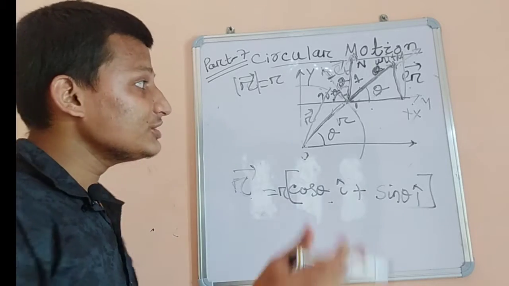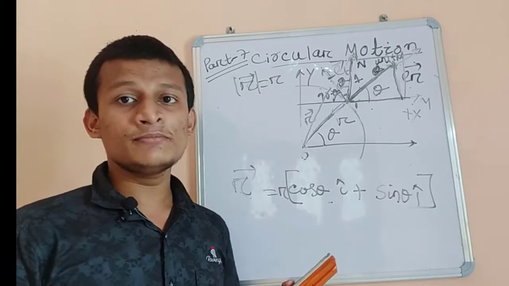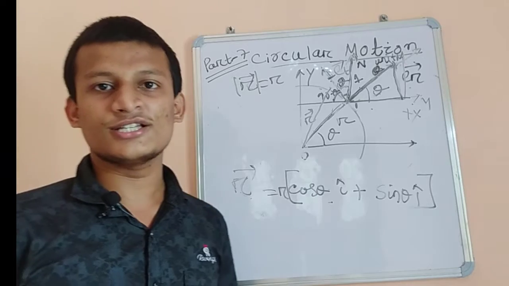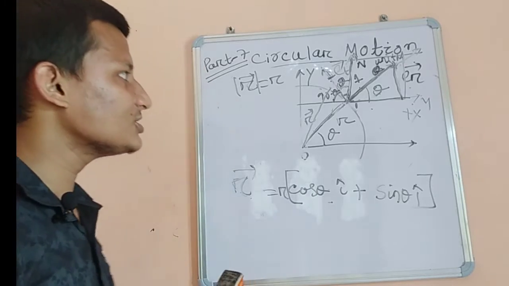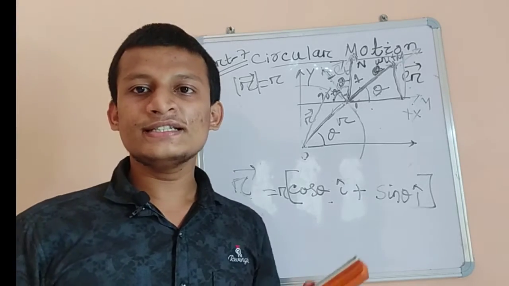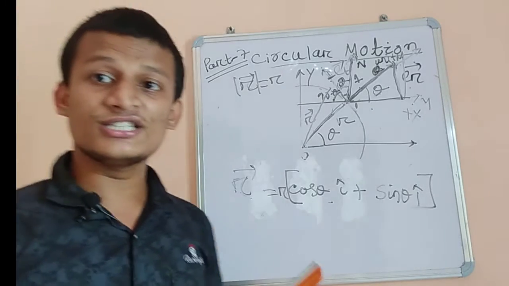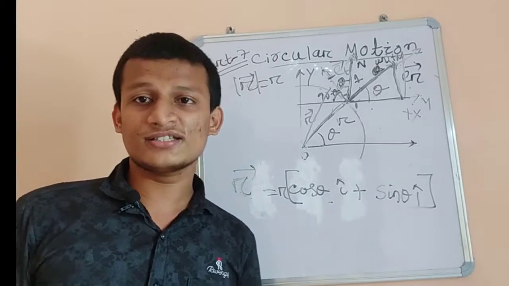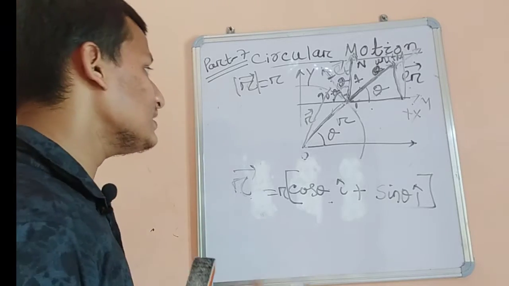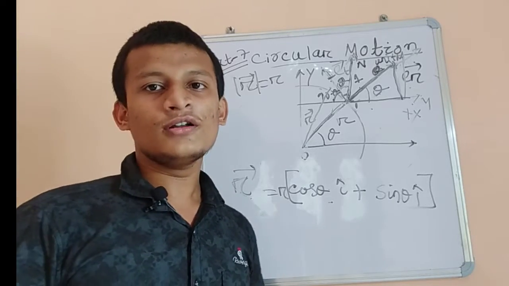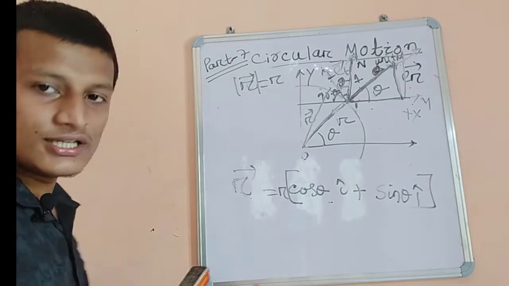The magnitude of velocity may or may not change, but its direction is continuously changing, so an acceleration term also arises. So we can calculate the expression for velocity and acceleration like that.